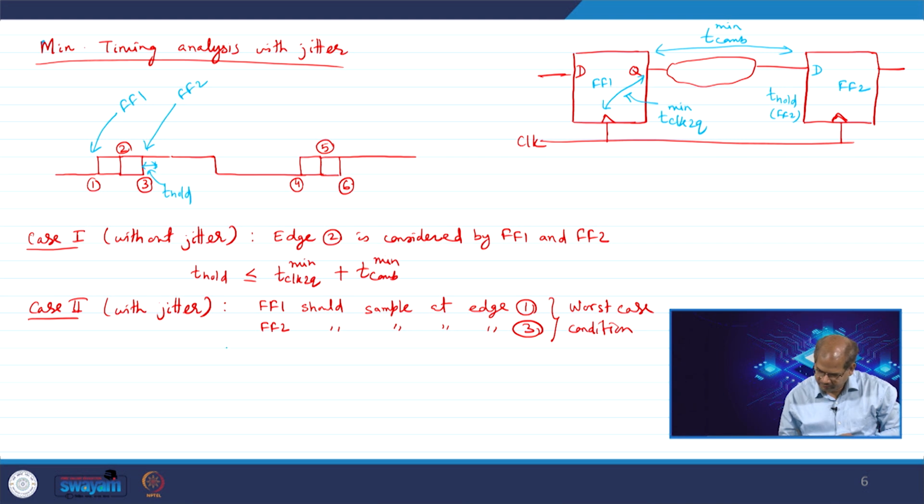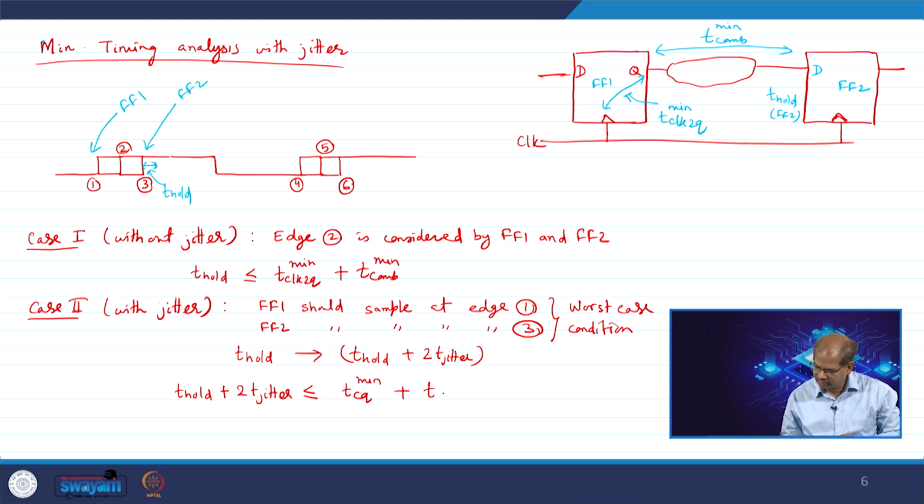So, my hold requirement is now increased from T hold to T hold plus 2 T jitter. Now, my equation will look like T hold plus 2 T jitter should be less than or equal to my T clock to Q minimum plus T combinational minimum.